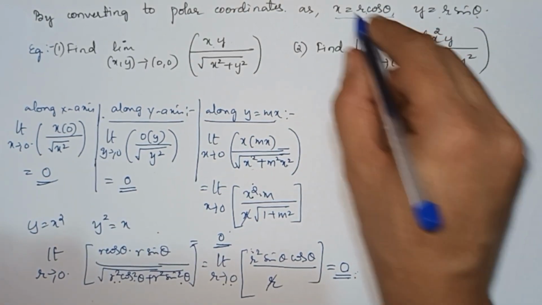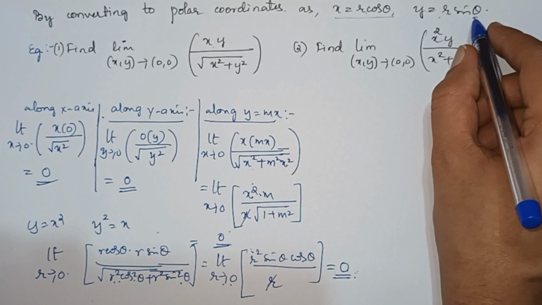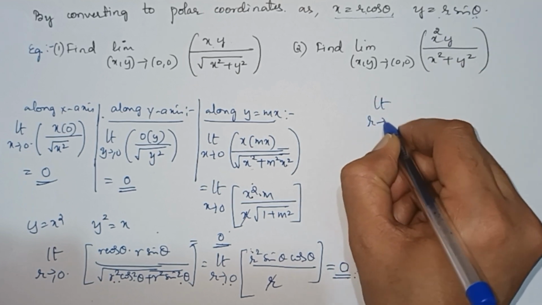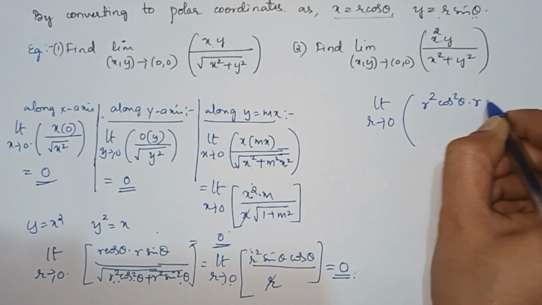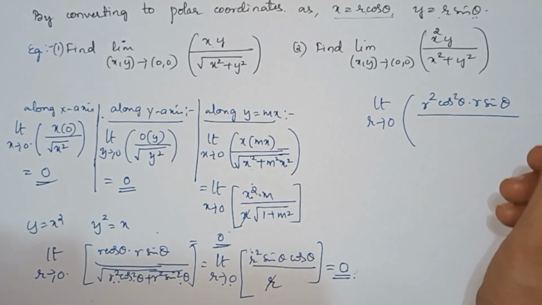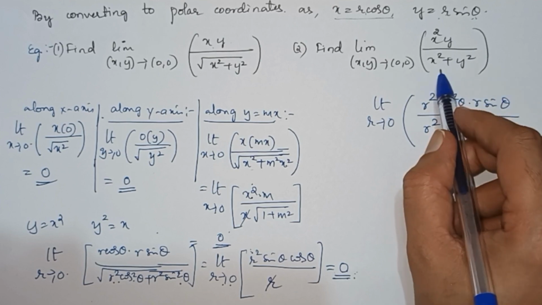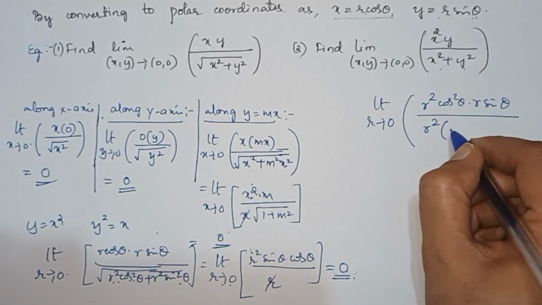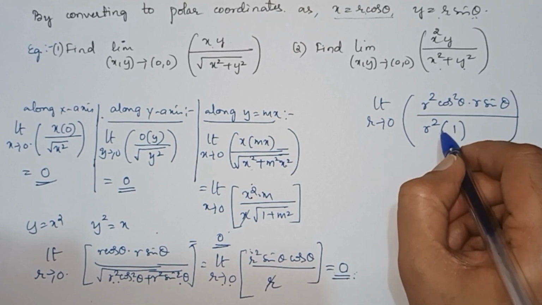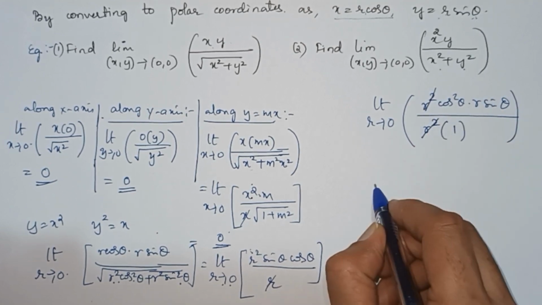Similarly, you can do it here. When you take x equal to r cos theta and y equal to r sin theta, limit r tends to 0, r square cos square theta into r sin theta divided by r square cos square theta plus r square sin square theta. So when you take r square common, sin square theta plus cos square theta is 1. Now r square cancels.